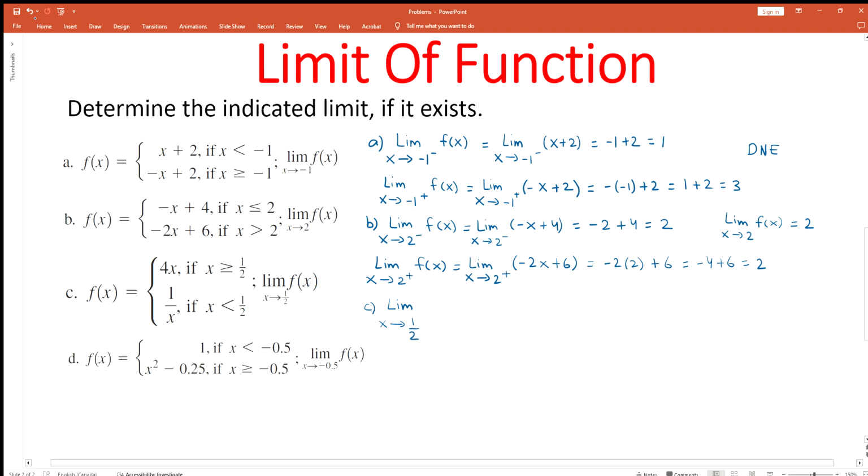For left-hand limit, we should put a small negative sign on 1 over 2. We should use the function 1 over x for the left-hand limit because for 1 over x the domain is x less than 1 over 2.